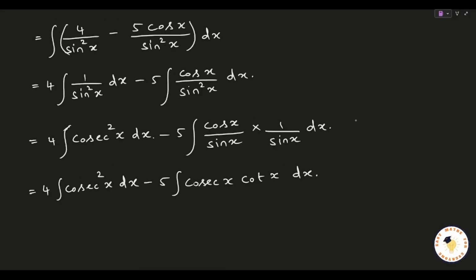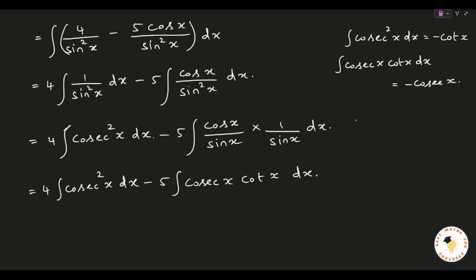And we know integral of cosecant square x dx equal to minus cot x, and integral of cosecant x cot x dx equal to minus cosecant x.